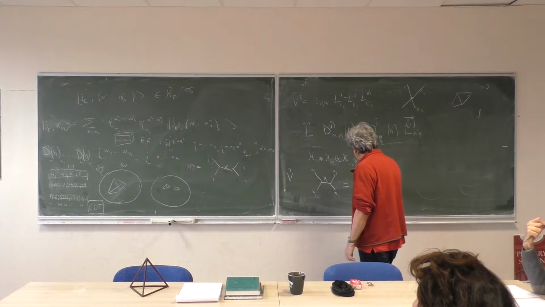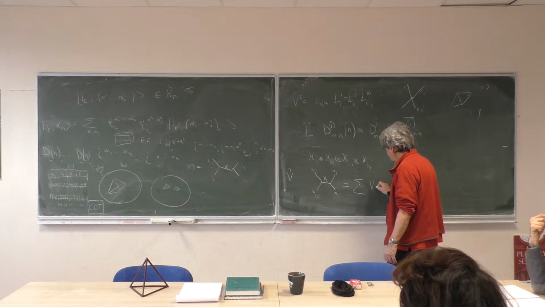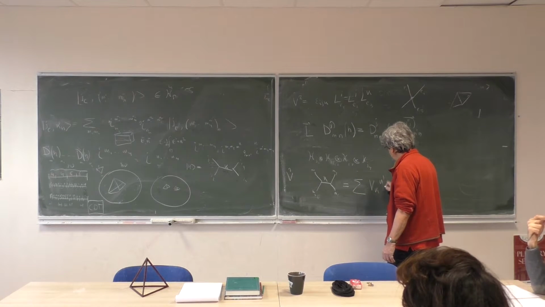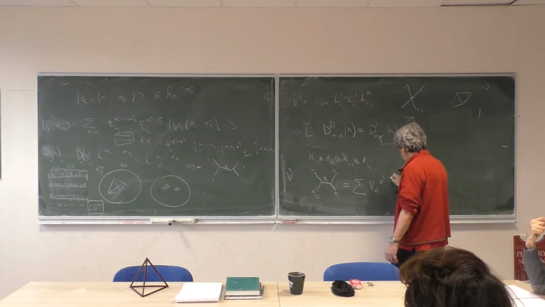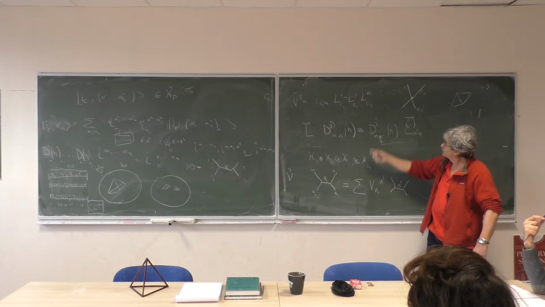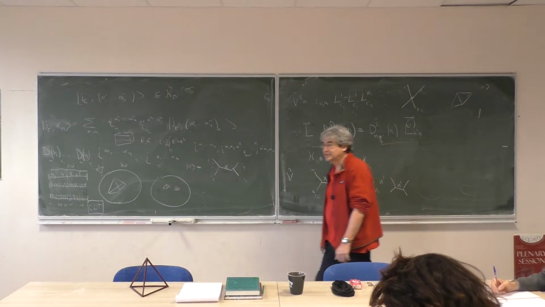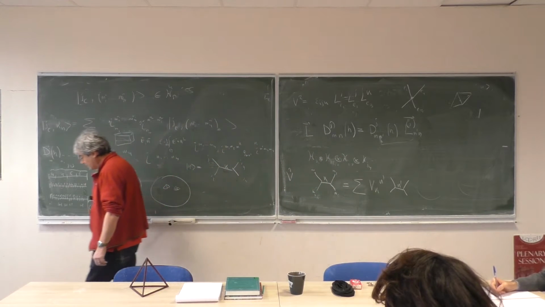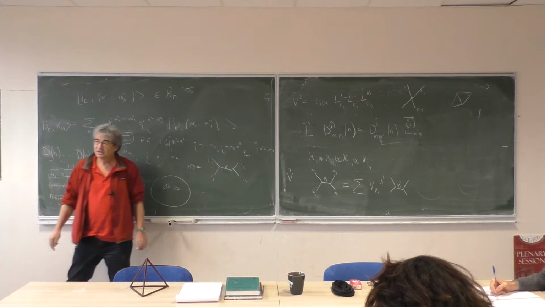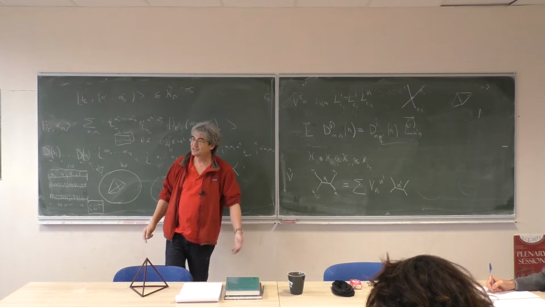So you get a sum over some numbers V_KK' times K', where these numbers you can compute explicitly. It's just a boring calculation, but you just look at your reference book on representations of SU(2) and everything is explicit.